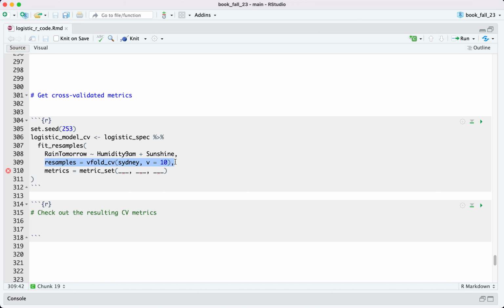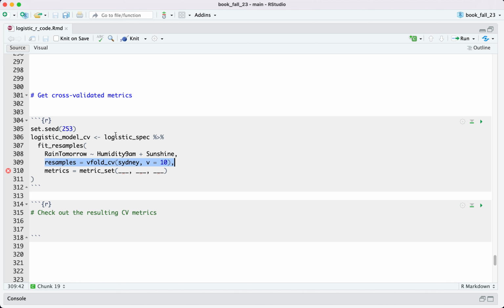So V equals 10 here. Every time that we build these cross-validation models, we're going to set aside one of the folds for testing and build the model using the other 9 folds.